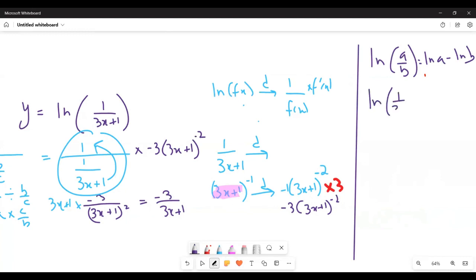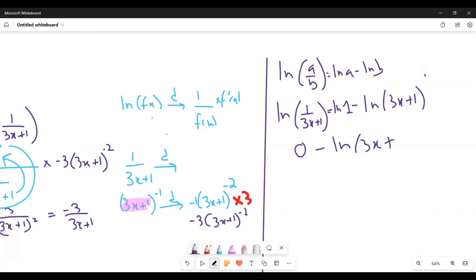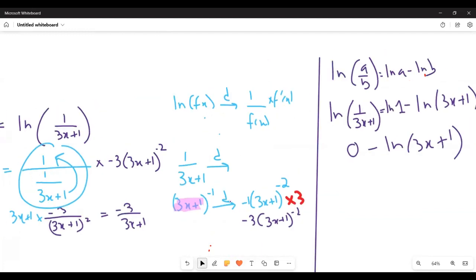Ln 1 over 3x plus 1 would be equal to ln 1 minus ln 3x plus 1. Remember what's ln 1? ln 1 is 0. So we get 0 minus ln 3x plus 1. And now we can derive this, and it's a lot simpler than what we did here.